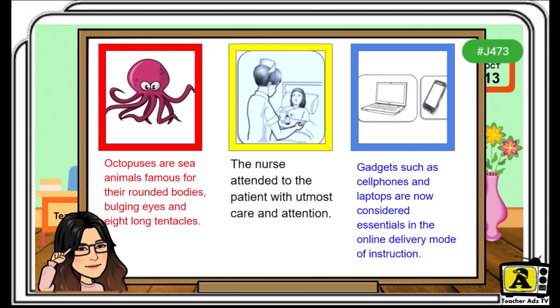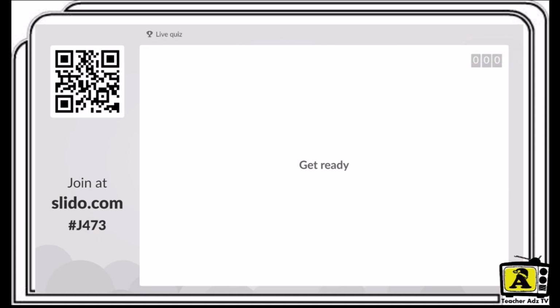Next, gadgets such as cell phones and laptops are now considered essentials in the online delivery mode of instruction. Look at these three images and statements. Are they reality or fantasy?